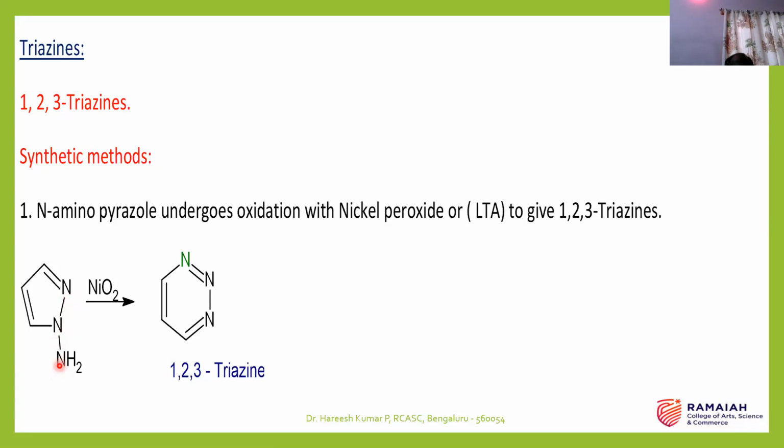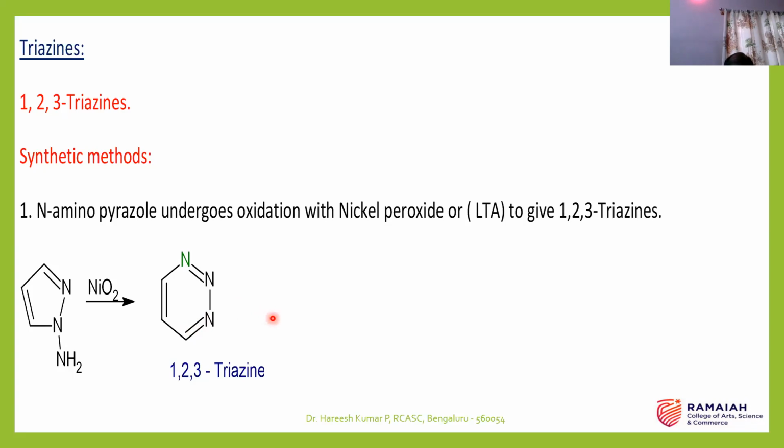Suppose this is aminated, then it's called N-amino pyrazole. N-amino pyrazole on oxidation, what will happen? There will be a removal of hydrogen and there will be a cyclization, converting a five-membered ring into a six-membered ring. And the obtained one is called 1, 2, 3 triazine. So this is one method.